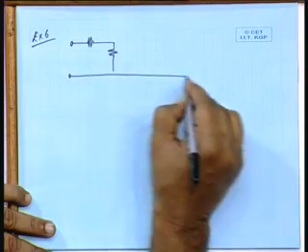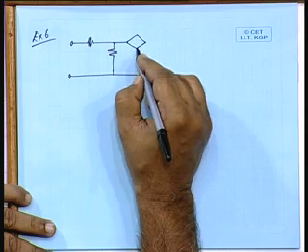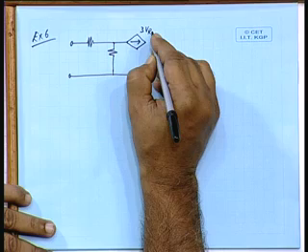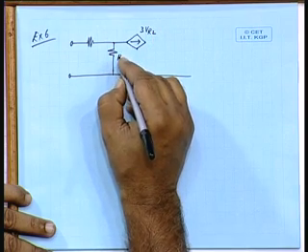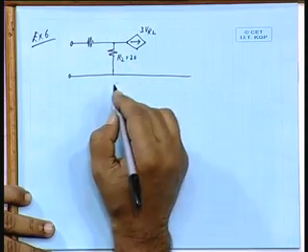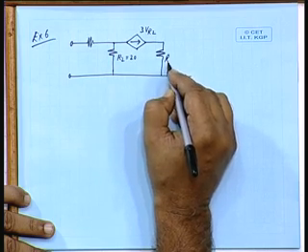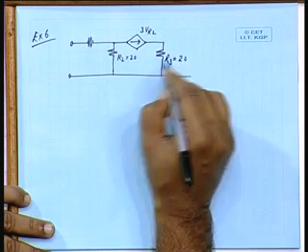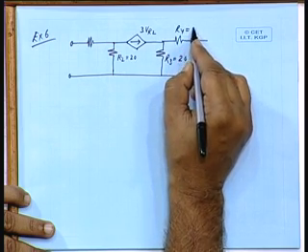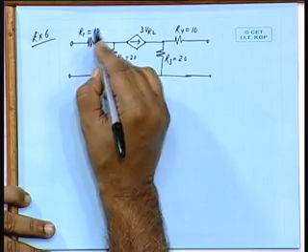Suppose we have a current source which is 3 times VR2, where R2 is this element having a resistance value of 20 ohms, R3 is also 20 ohms, R4 is equal to 10 ohms and R1 is equal to 10 ohms.